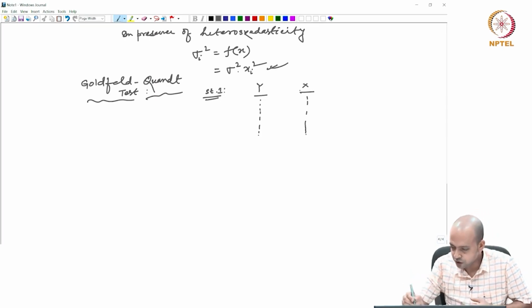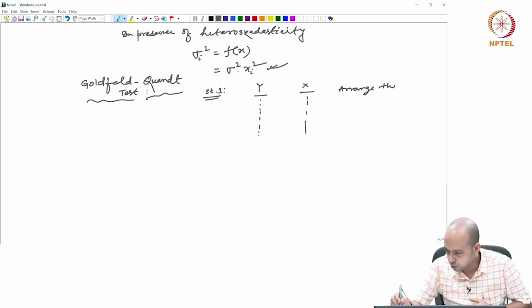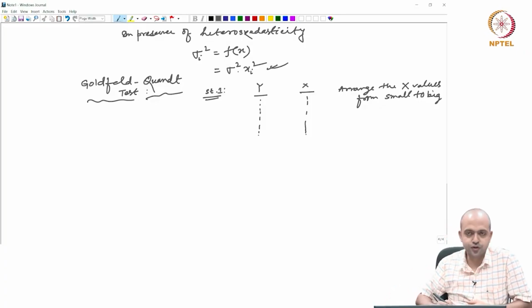What is the first step? Arrange the x values from small to big. This is the first step.